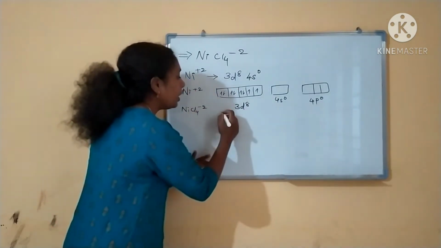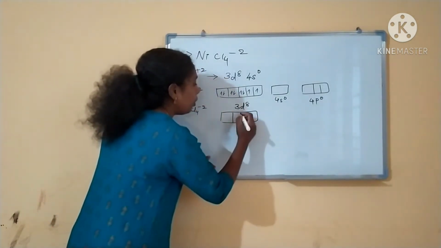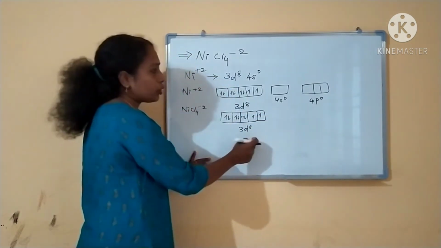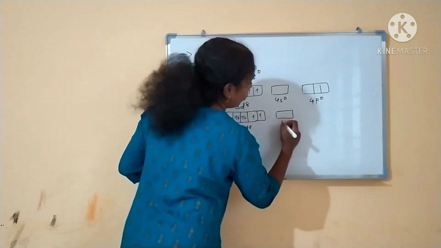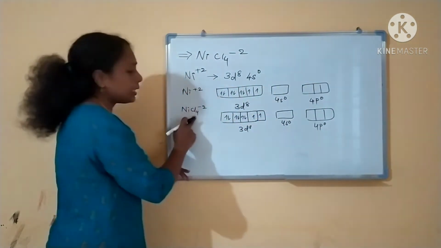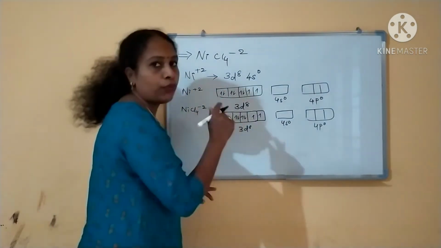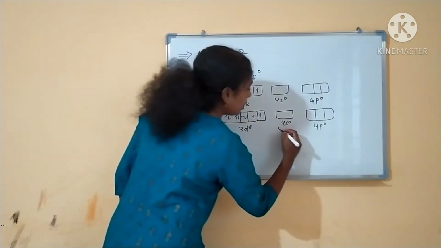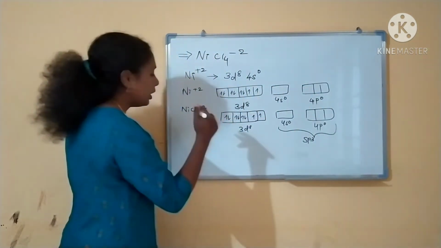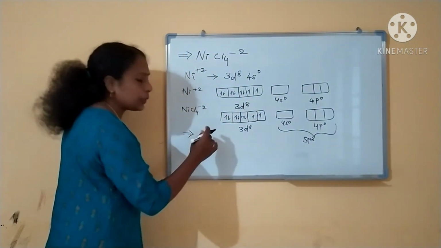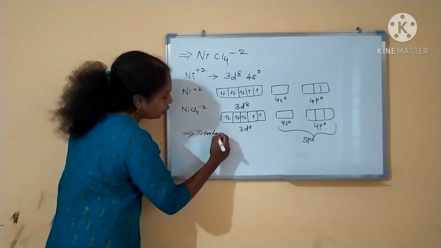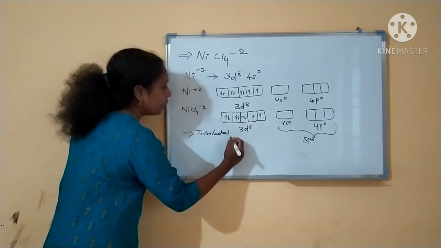It will never cause any pairing. 3d8 will remain 3d8 like this only, with 4s0 and 4p0, right? Since 4 ligands are there, it records 4 orbitals. So these orbitals will undergo sp3 hybridization. If it is sp3 hybridization, what is the structure of the complex? Tetrahedral, right? Belongs to the point group Td.